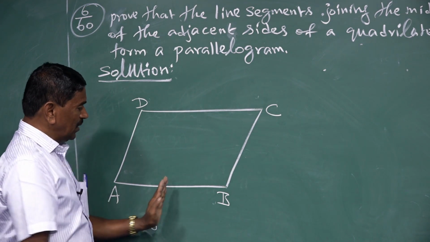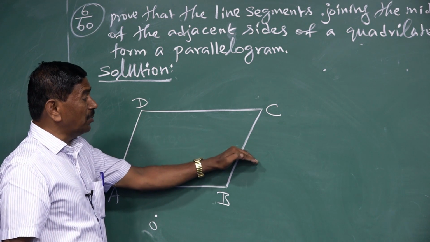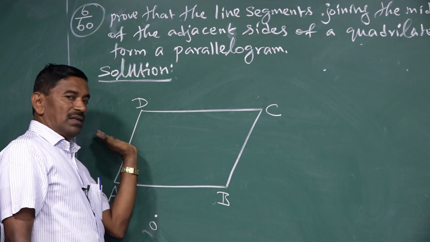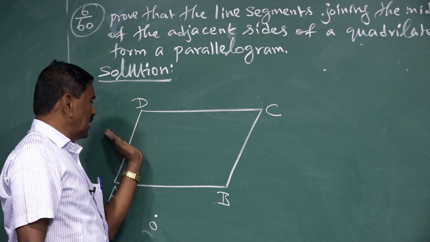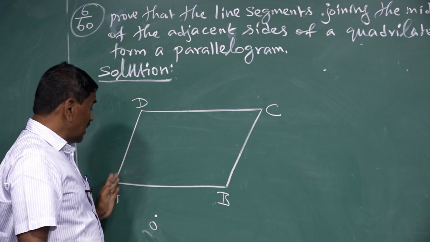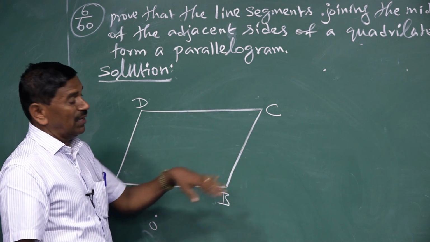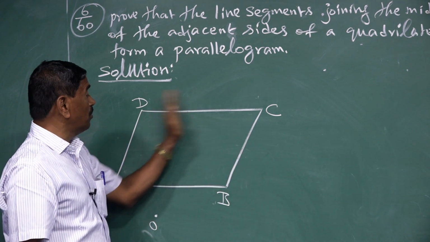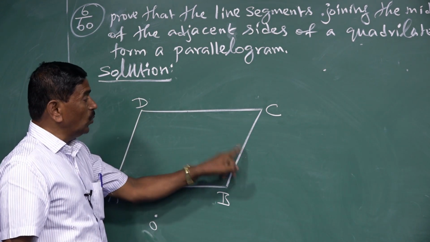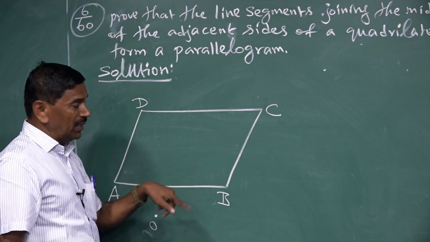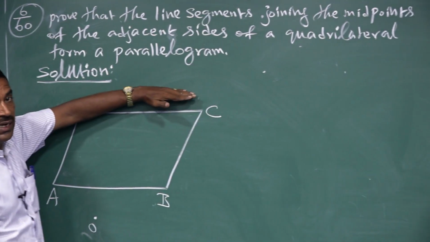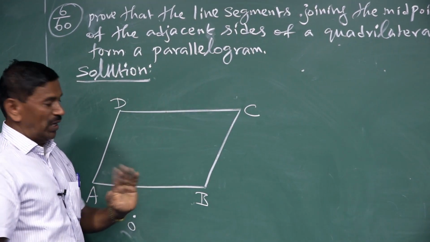Instead of A, B, C, D, let us change the name. Let P, Q, R, S be the midpoints of the sides AB, BC, CD, DA respectively.